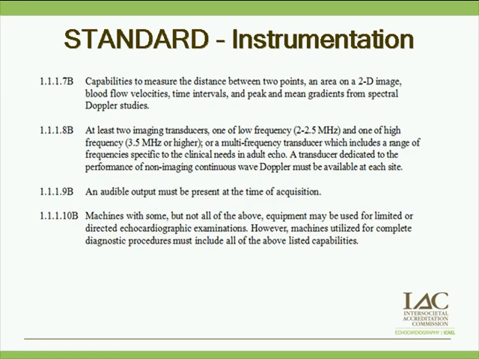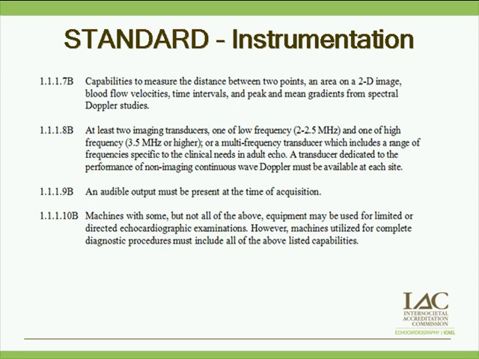Capabilities to measure distance between 2 points, an area on a 2D image, blood flow velocities, time intervals, peak and mean gradients from spectral Doppler studies. You have to have at least 2 imaging transducers, one low frequency one, that's the 2 to 2.5 megahertz, and one high frequency, 3.5 megahertz or higher.